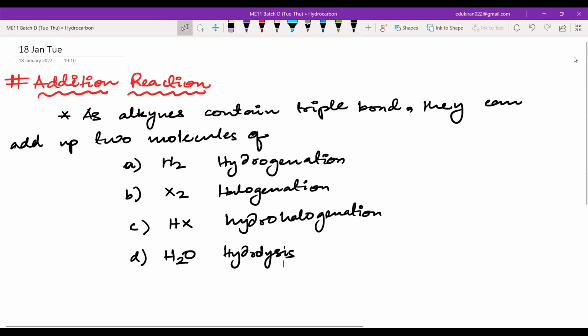Then we will look at the general mechanism, and after that, we will do these reactions: hydrogenation, halogenation, hydrohalogenation, and hydrolysis. Raise your hand if you're done.